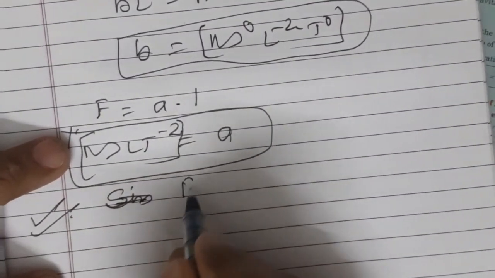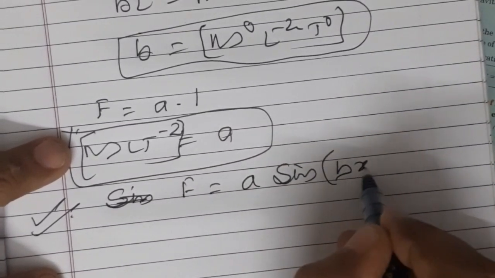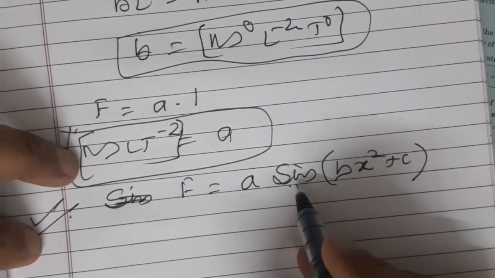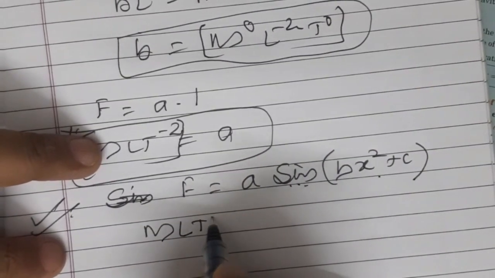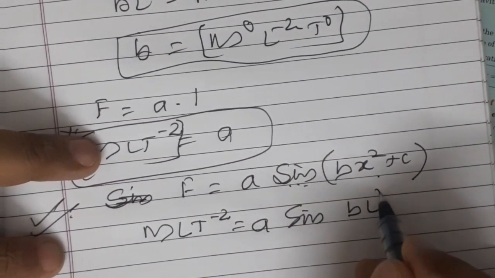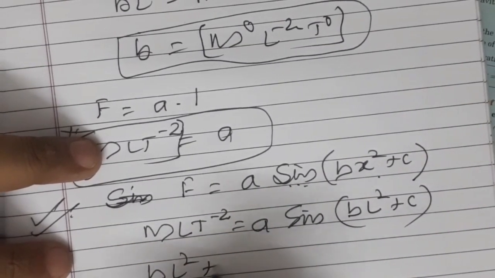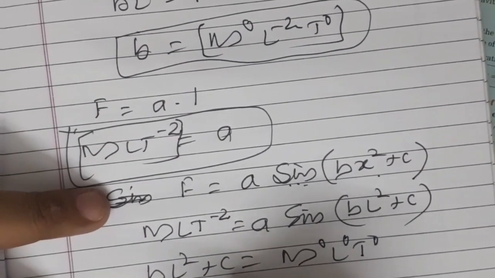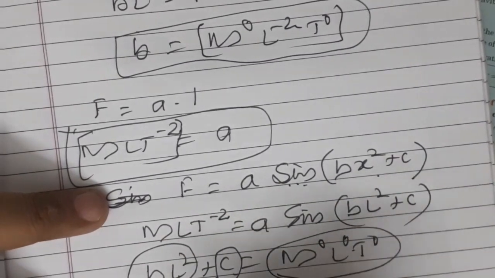F is equal to a sine of (bx² + c). I told you the angle is dimensionless. The term inside the trigonometric ratio is always dimensionless. So if I put up the dimensions, MLT⁻² for force, a sine of (bl² + c). By the principle of homogeneity, bl² + c must be equal to M⁰L⁰T⁰, or I can directly write that c is equal to M⁰L⁰T⁰, and bl² is also equal to this.